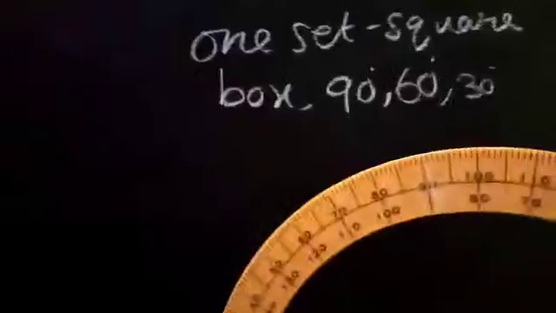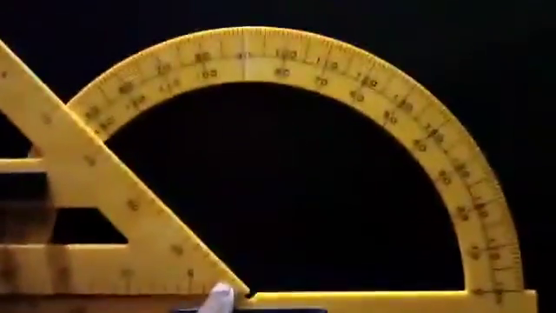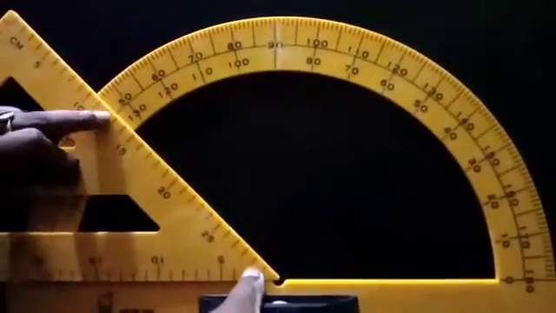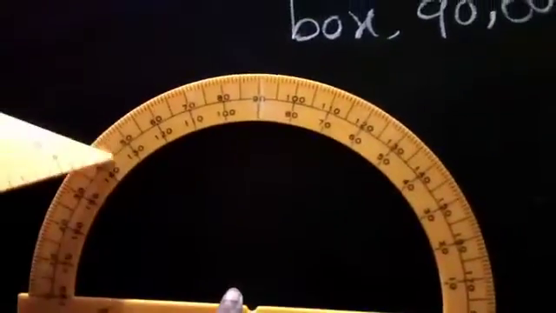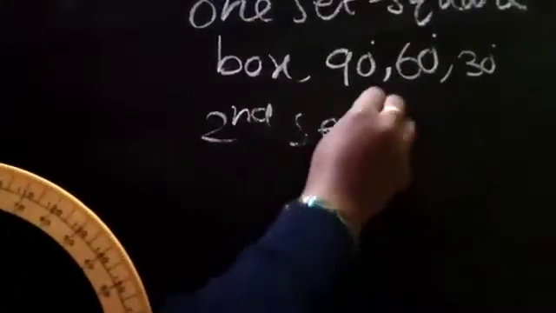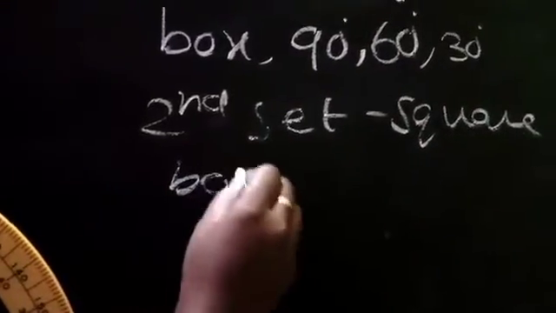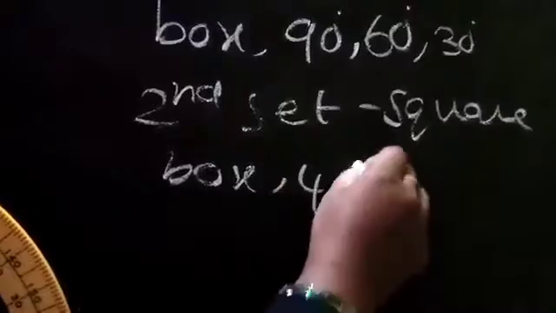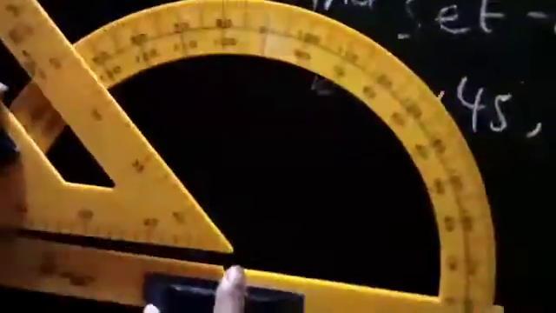One more we'll measure now in this second one. We have now here 45 degrees. This is 45. In the second set square, one angle is 45 and this angle also we will measure.